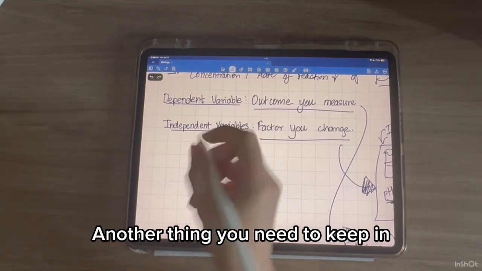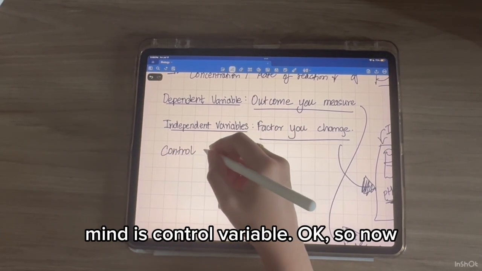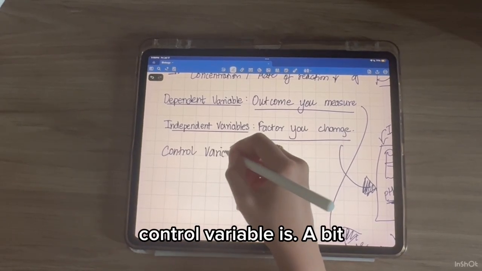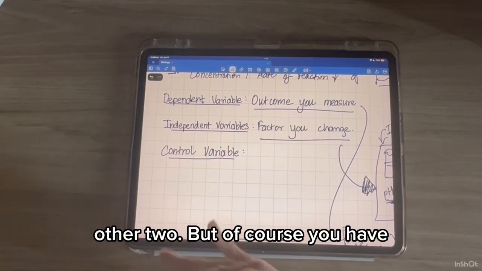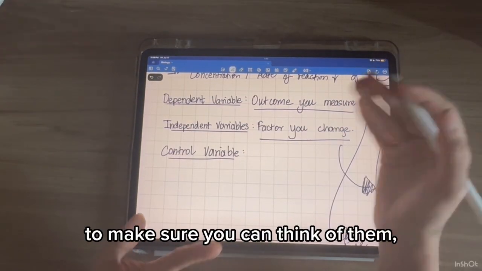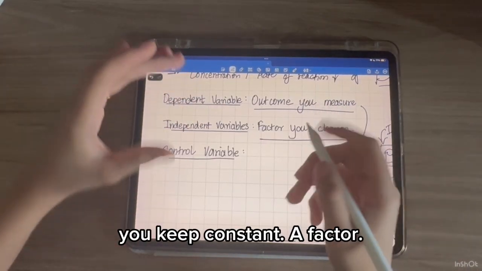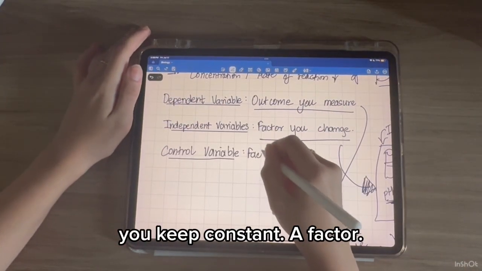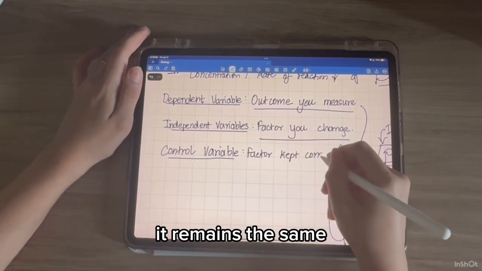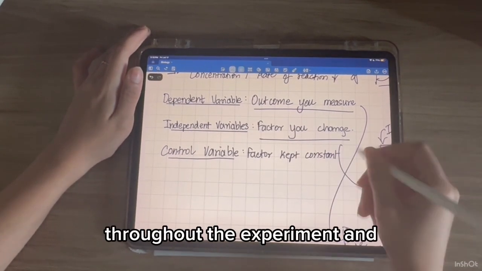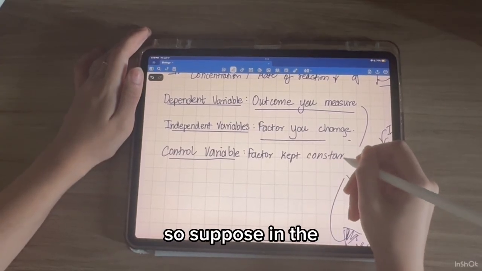Another thing you need to keep in mind is control variable. Now control variable is a bit easier, I would say, in comparison to the other two. But of course, you have to make sure you can think of them. Because control variable is a factor that you keep constant. So it remains the same throughout the experiment and will never change.